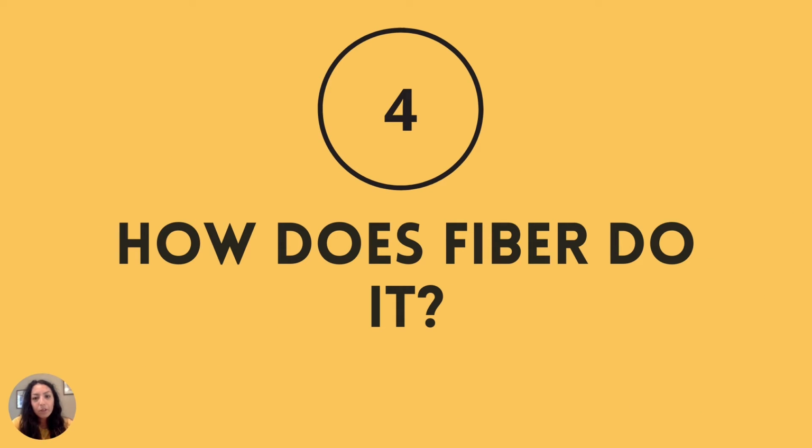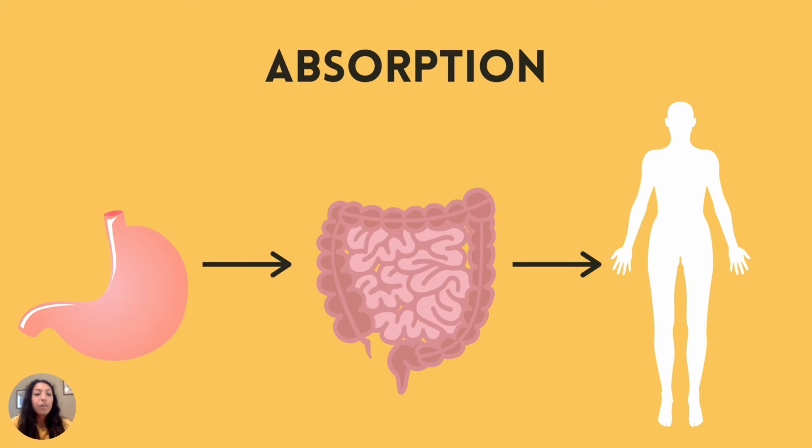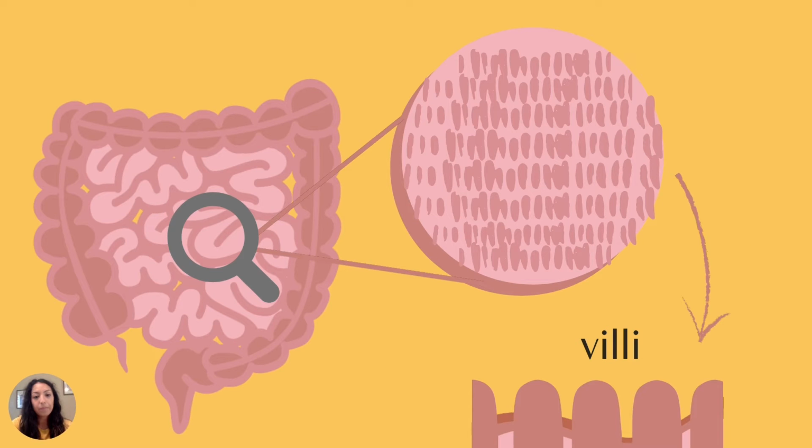So how does fiber do it all? Before we can understand how fiber works, let's briefly review how absorption works. So we eat the food, it goes from our mouth to our esophagus, into our stomach, and then our intestine.